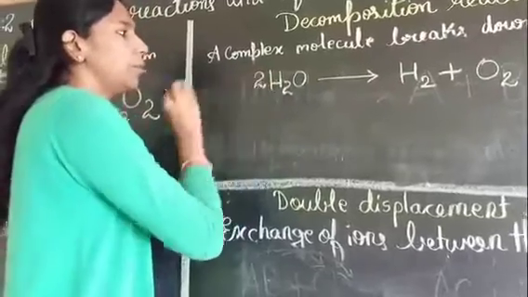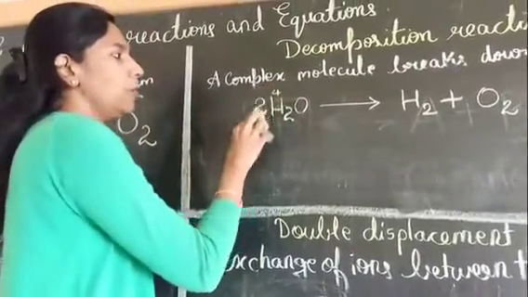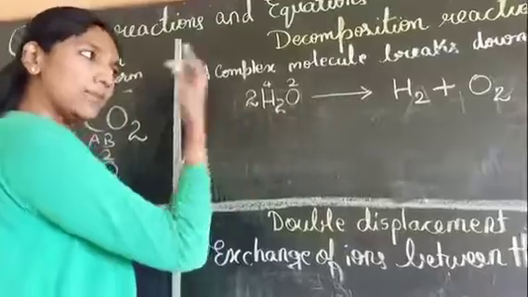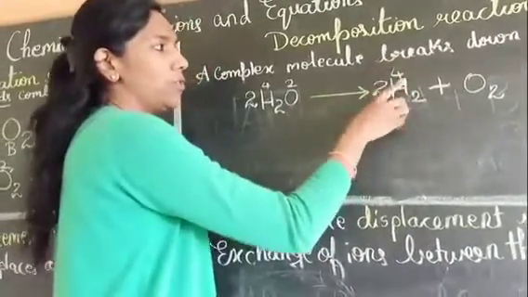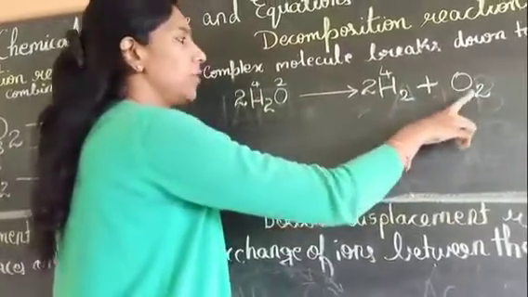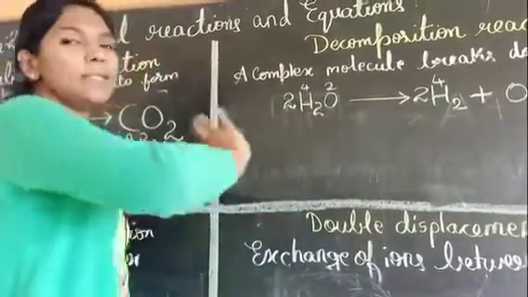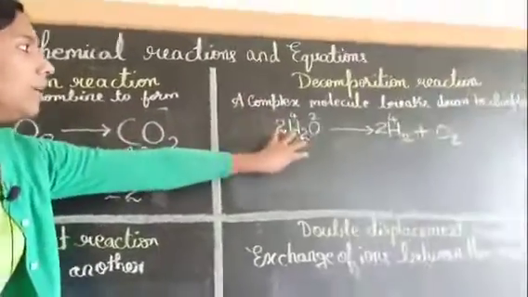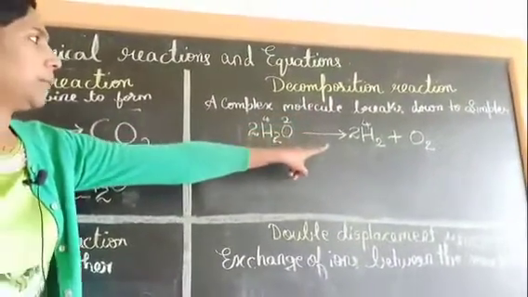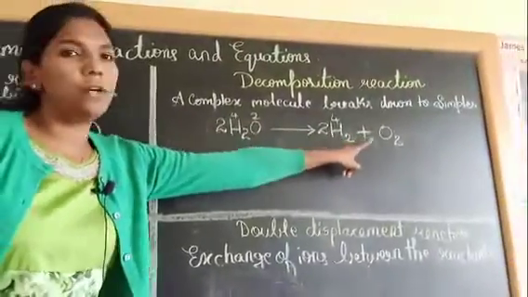So again, 2 twos are 4, and this is 2. As we have done earlier, children, 2 twos are 4. Hydrogen is balanced. Oxygen 2, oxygen 2. This is balanced. So the third thing we have understood: a single compound is going to get decomposed into simpler substances or simpler products.